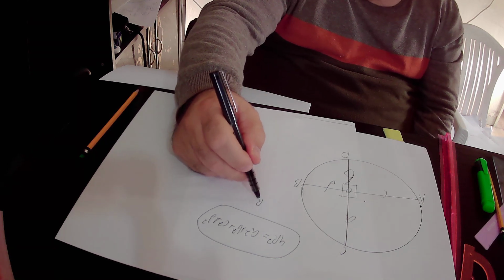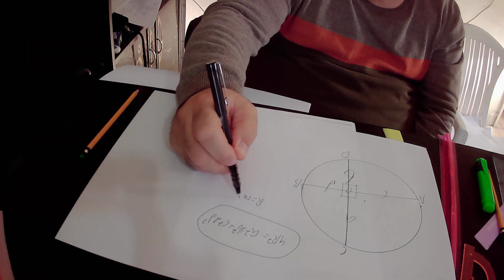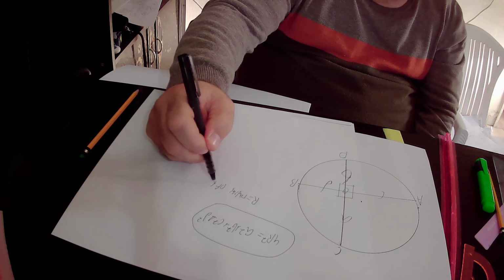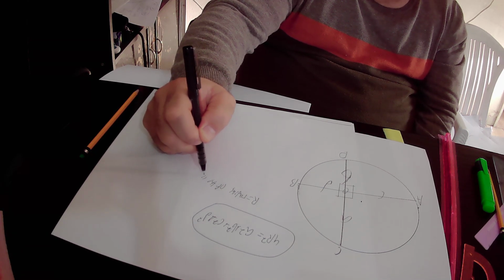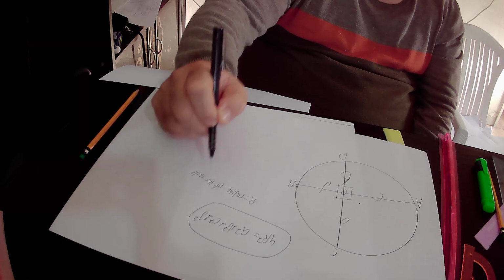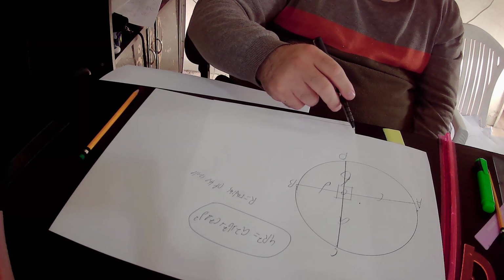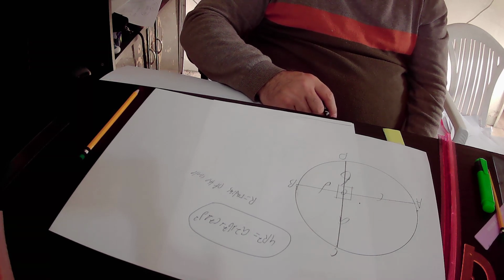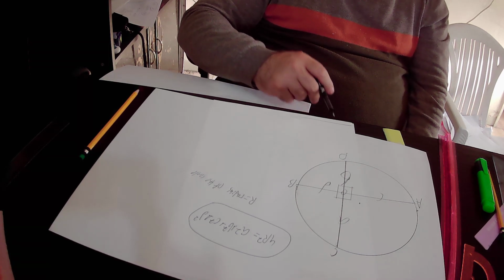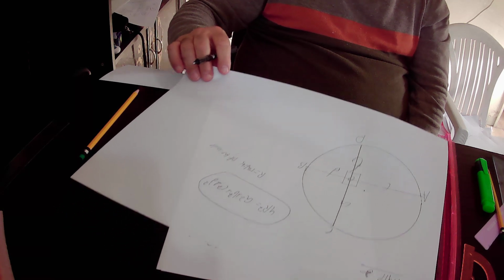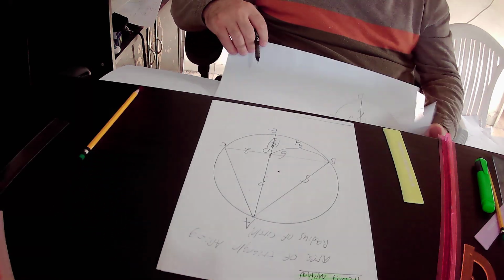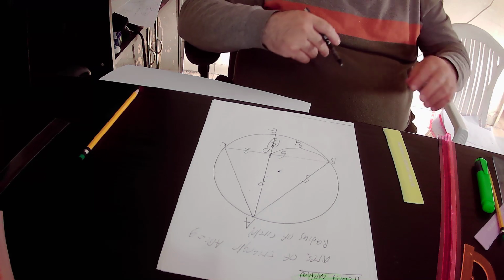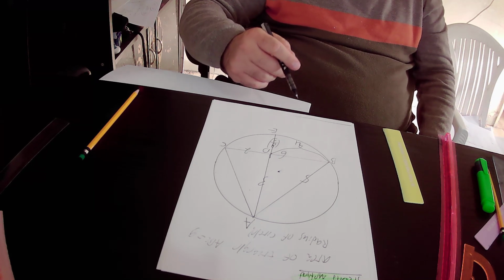R is the radius of the circle that contains the two chords. Okay? Actually, we can implement rule number 2 in our drawing.